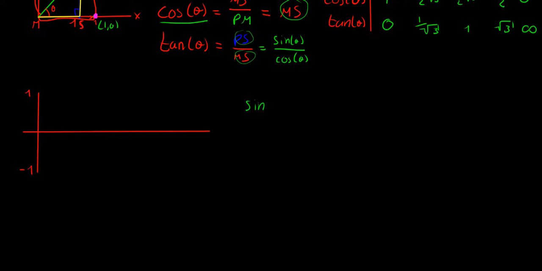So we have a sine of theta, and our x-axis represents the angle theta, and our y-axis here represents the value that it outputs. You could call it x or y depending on cosine or sine, but let's just call it output.